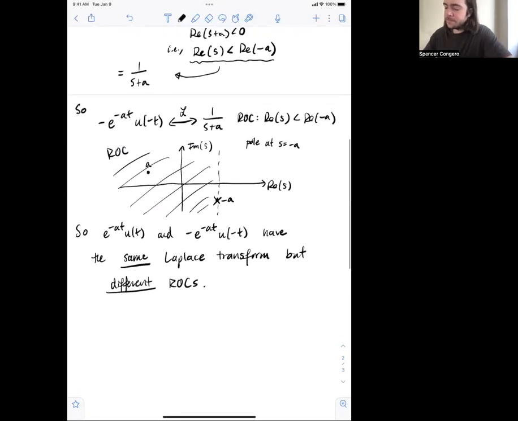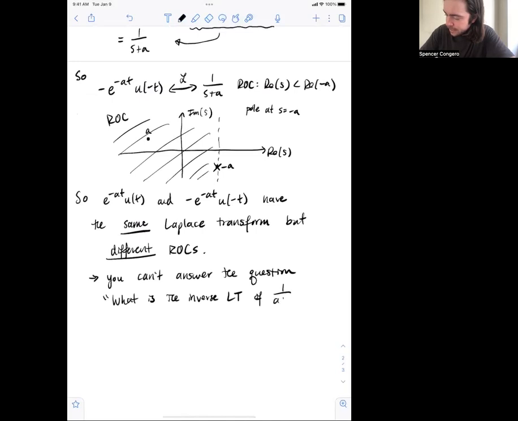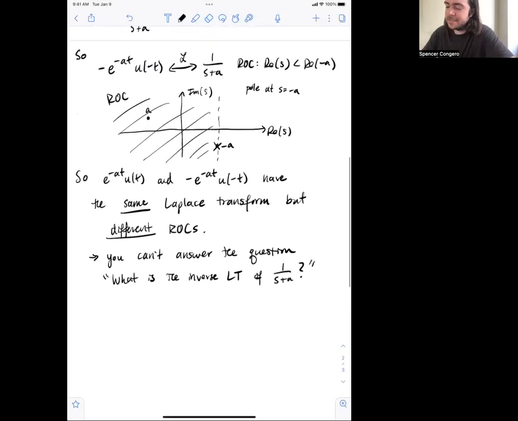So in particular, let me just make this point here. You can't answer the question, what is the inverse Laplace transform of 1 over S plus A? You can't answer that question, right?